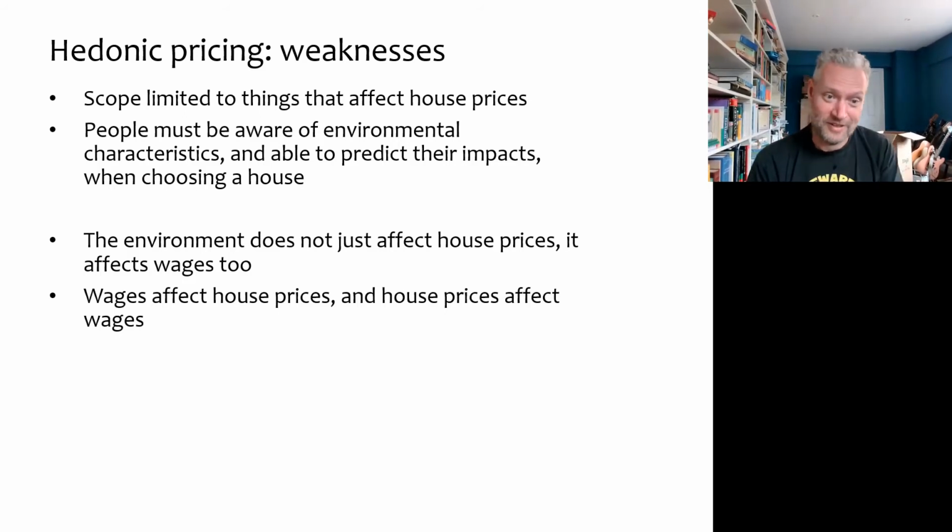So house prices affect wages, and wages affect house prices, and both are affected by the environmental and neighborhood characteristics, which immediately implies an econometric problem of identification. You need some sort of simultaneous equation and solve that. So that is a technical problem. It's not insurmountable, but it makes it a lot harder to do this right.